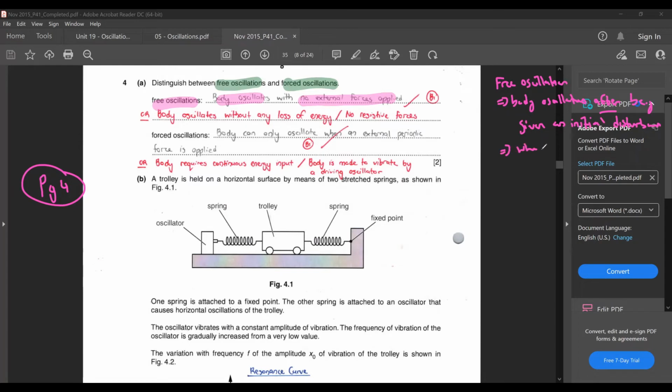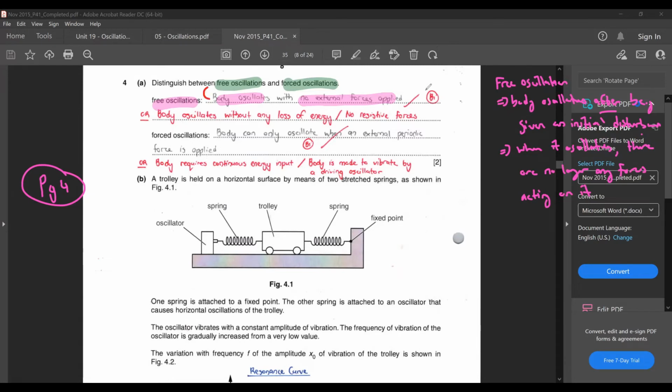So when it oscillates, there are no longer any forces acting on it. That's why they say this.